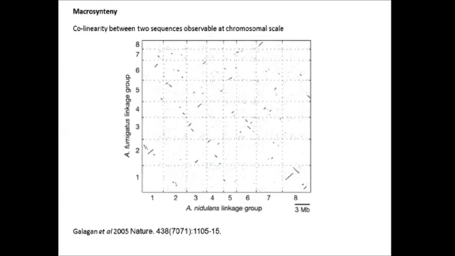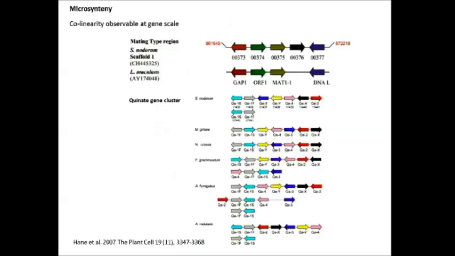Where there is a strong match in sequence, a dot has been drawn, and when there's collinearity, you see these large diagonal lines. Now that is typical of what we would have expected going into the genomics era to see between closely related species. Certainly true of most of the eukaryotes once you get past all the junk.